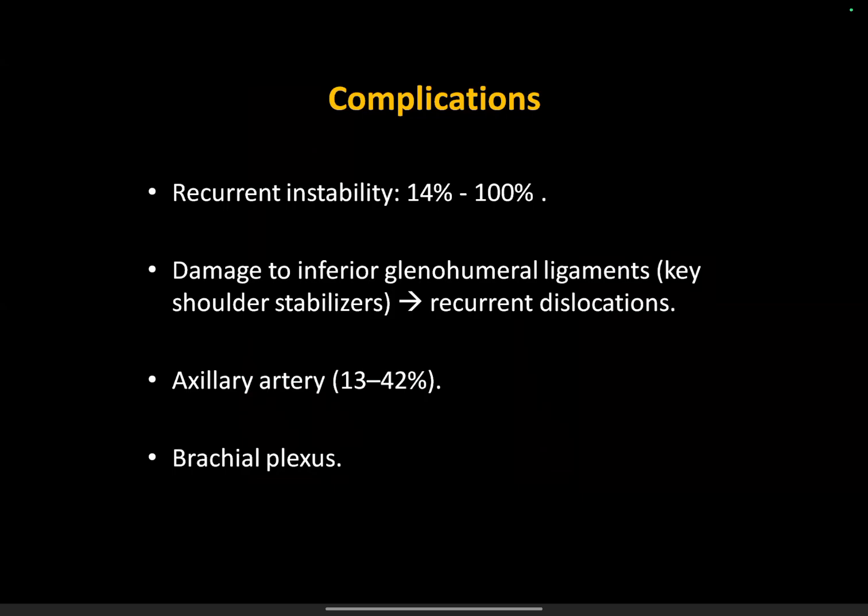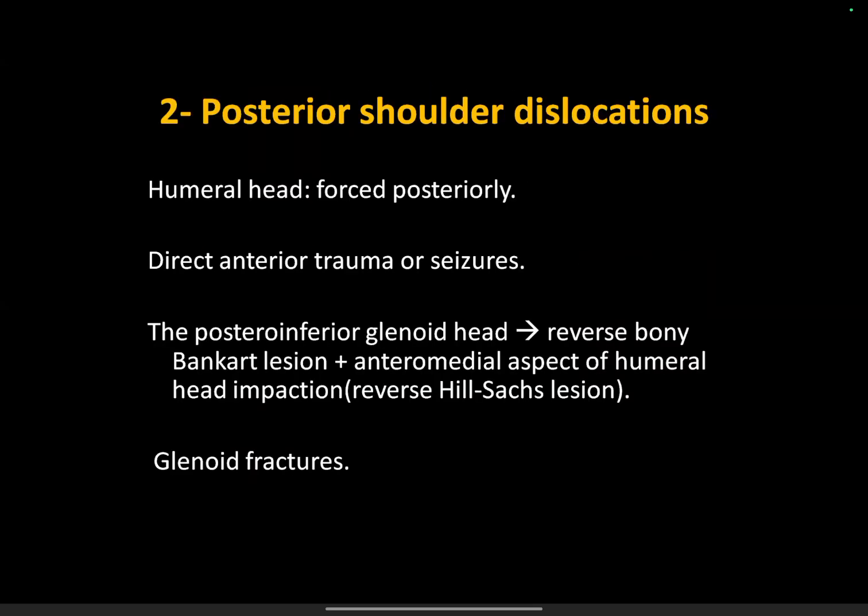Complications in the setting of anterior dislocation: we have recurrent instability, which ranges from 14 to 100%, damage to the inferior glenohumeral ligaments, axillary artery involvement, or brachial plexus injury.